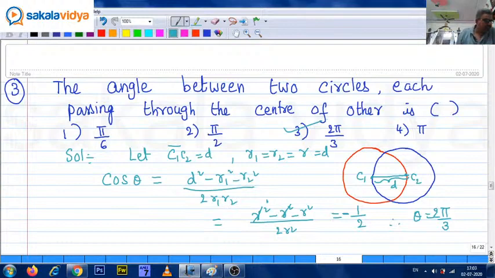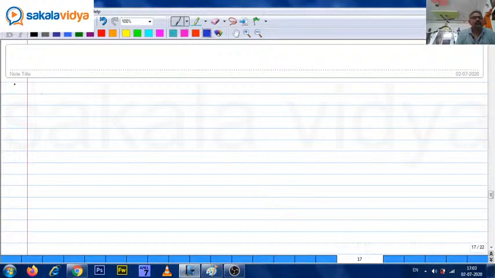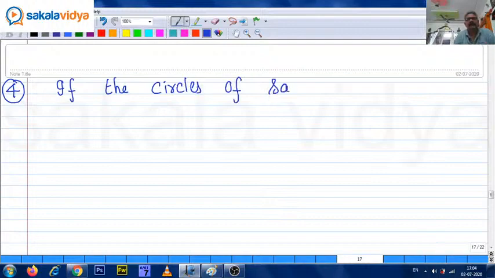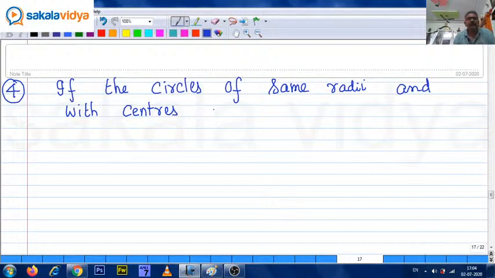Okay, next one. Fourth one. If the circles of the same radii with centers (2, 3) and (5, 6) cut orthogonally, then the radius is.